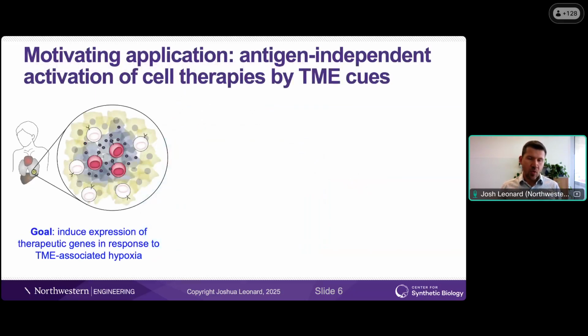Our theory that we wanted to implement here was that if you could make the activation of a CAR T cell therapy limited to the tumor microenvironment, then you could overcome the specificity challenge by making, for example, the CAR expressed only in the presence of tumor microenvironment associated cues.